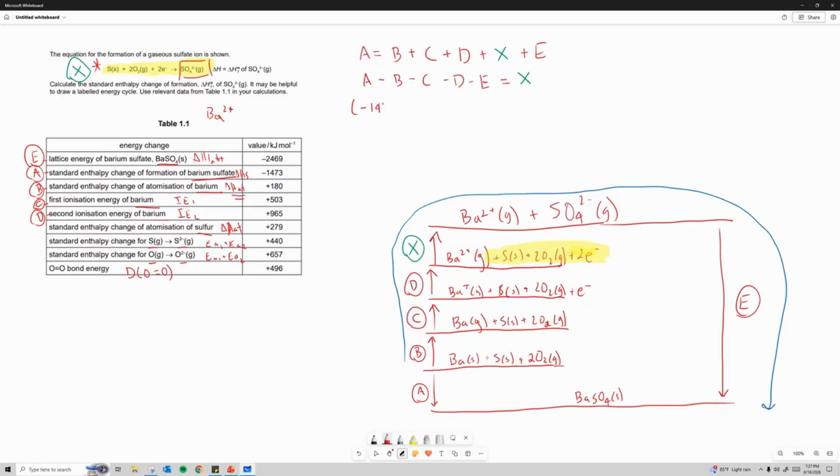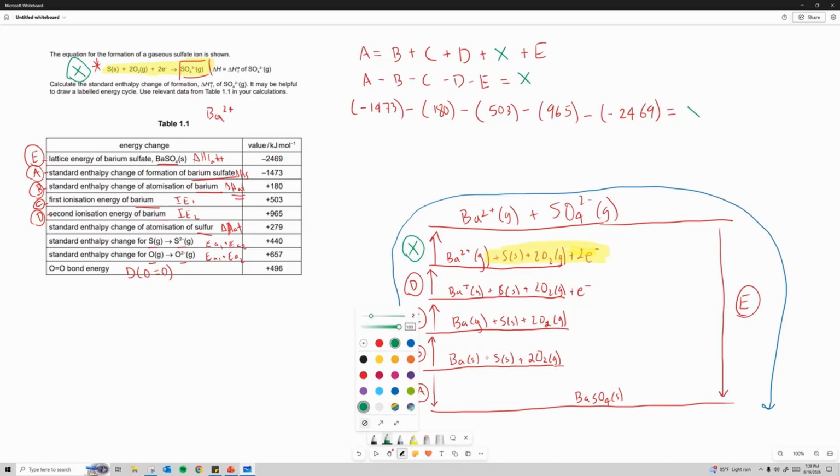So negative 1473 minus B, which is 180, so minus 180, minus C, which is 503, minus D, which is 965, minus E, which is negative 2469. That's why I keep the parentheses, because of the negatives. All of these together are equal to X, which is what we're trying to find.